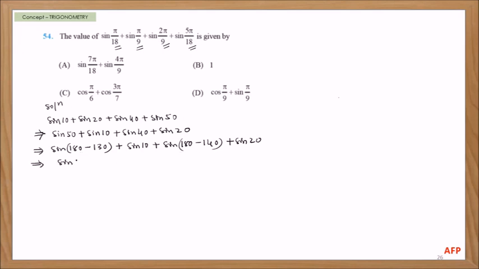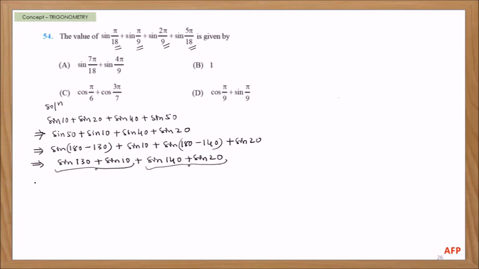Sine second quadrant 130 as it is. 10 is also second quadrant, 140, 20. Okay. So in this case we will apply sin A plus sin B formula.